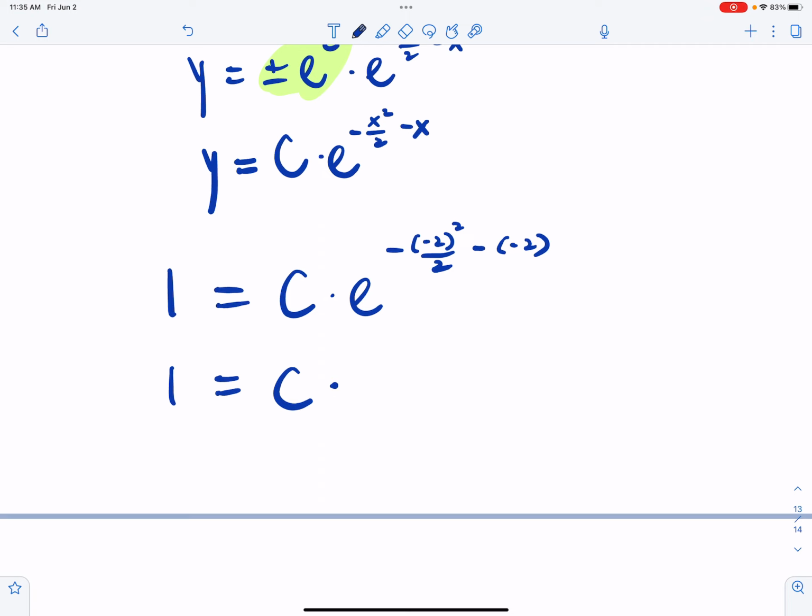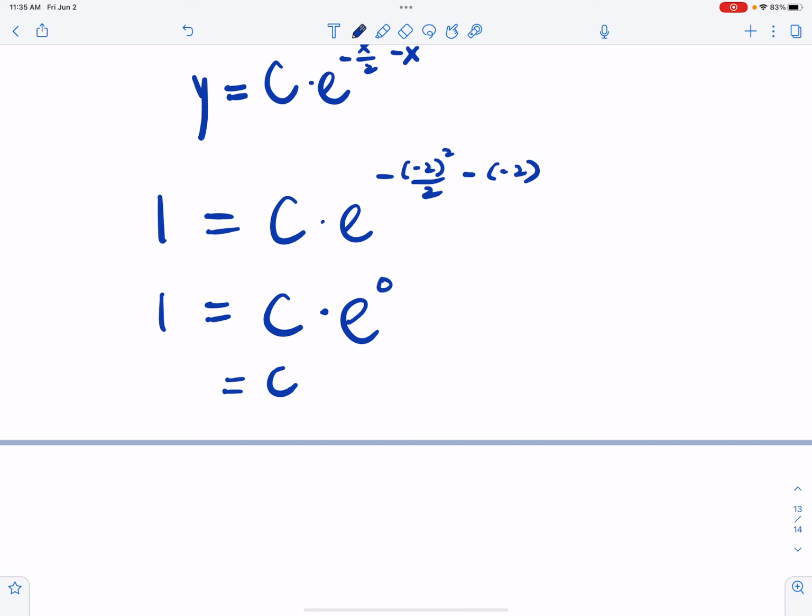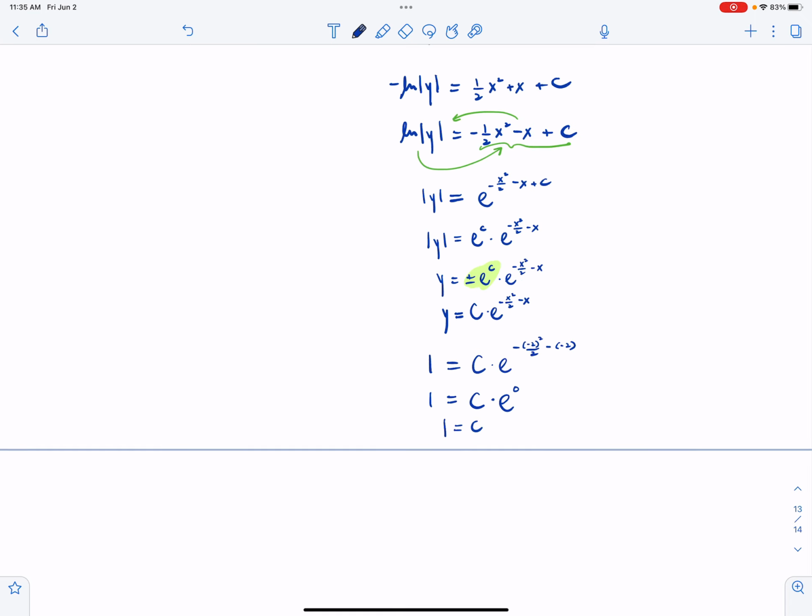Okay, so then that ends up being -2 plus 2, so e to the 0th power, which is just 1. So c actually ends up just being 1 in this case.